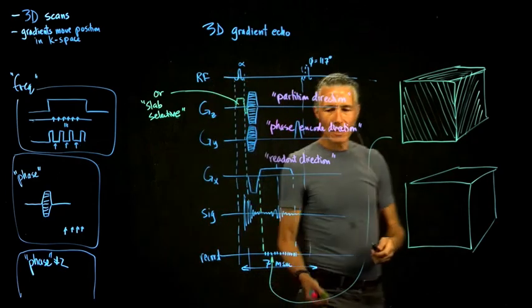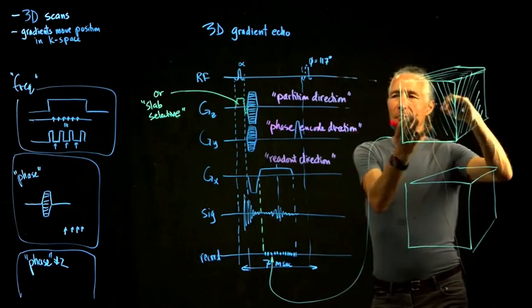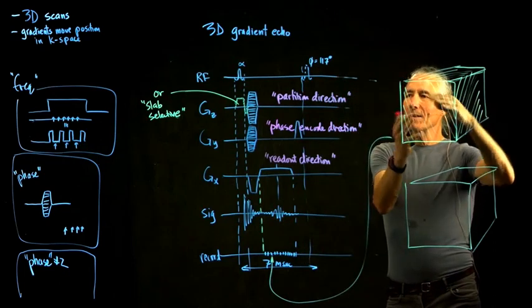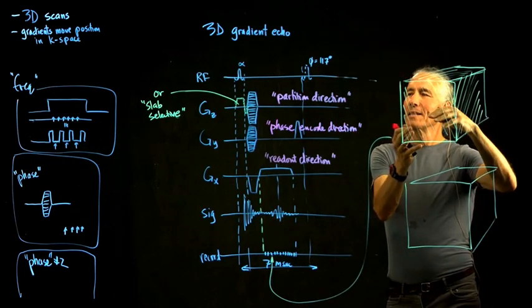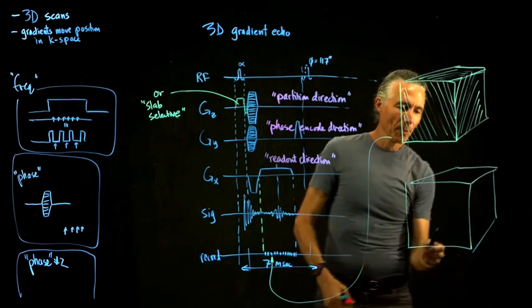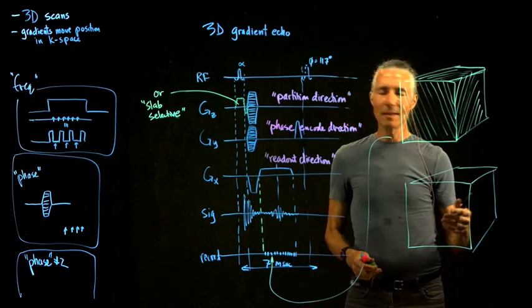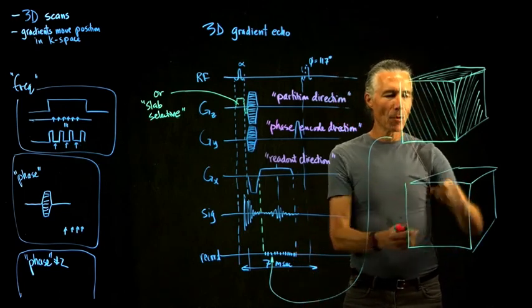So since the readout gradient is on, these stripes are going to be rotating around the readout direction. Depending on what the readout direction was, if it was this direction, they're going to be rotating around that.